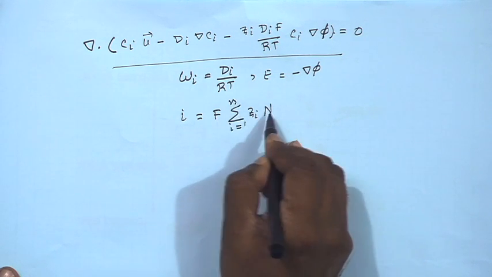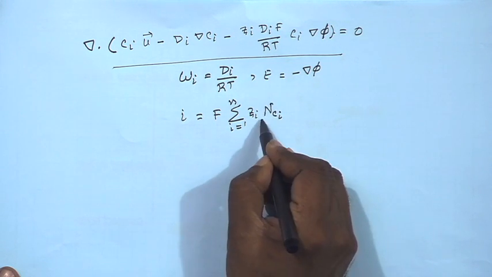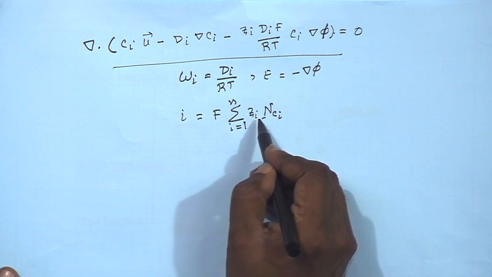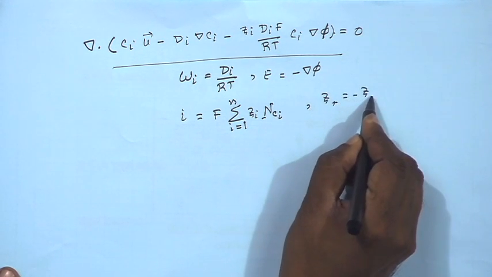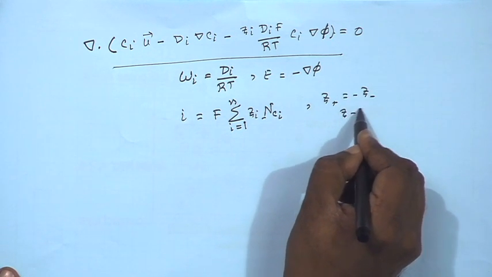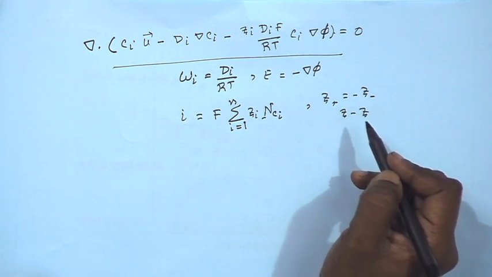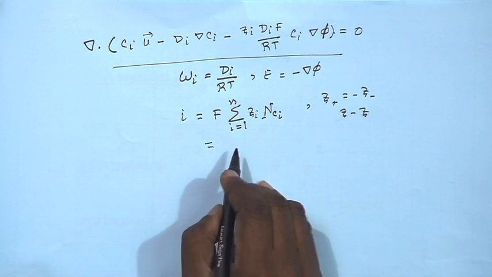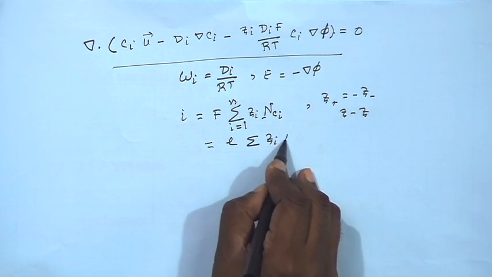If you have n number of ionic species, we sum over them. If it is a binary, you have Z plus and minus, a monovalent situation. Otherwise, you may have a ZZ electrolyte, or arbitrary but two binary species. This can also be written in terms of the number density function, as Z I N I.